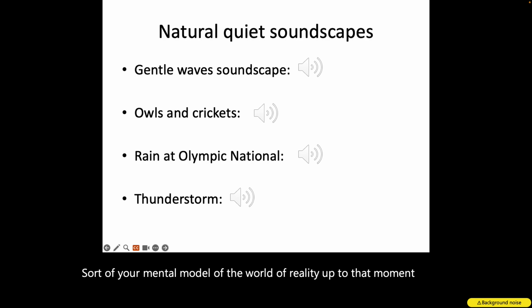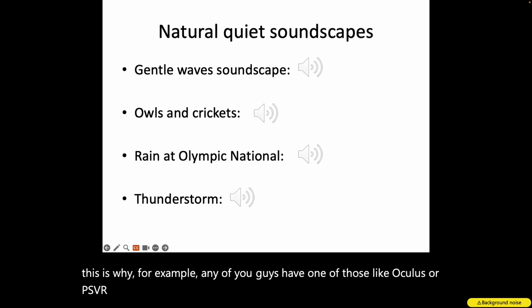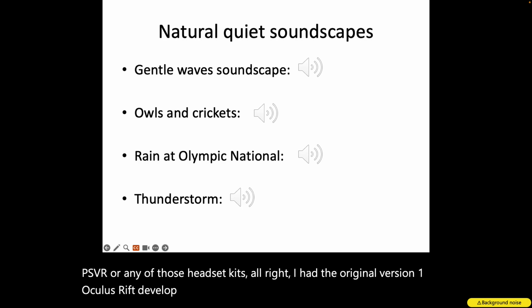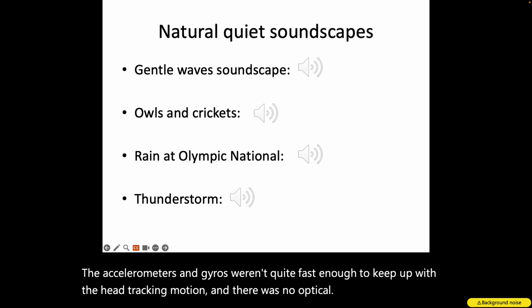So this is why, for example, any of you guys have one of those Oculus or PSVR or any of those headset kits? All right, I had the original version 1 Oculus Rift developers kit, and it sucked because the accelerometers and gyros weren't quite fast enough to keep up with the head tracking motion, and there was no optical reconciliation of the room around you.